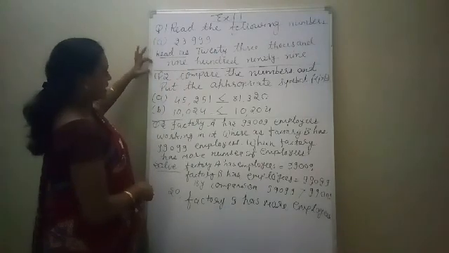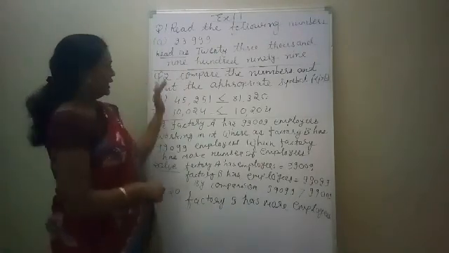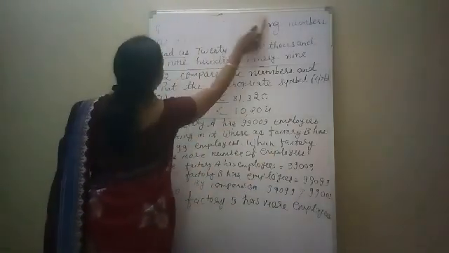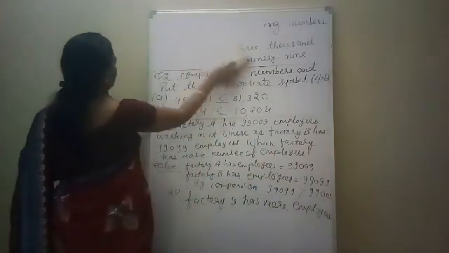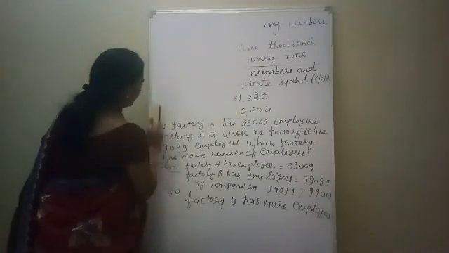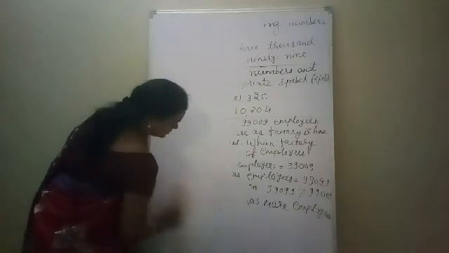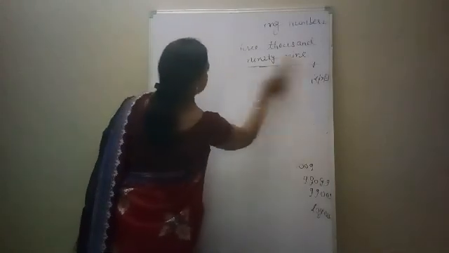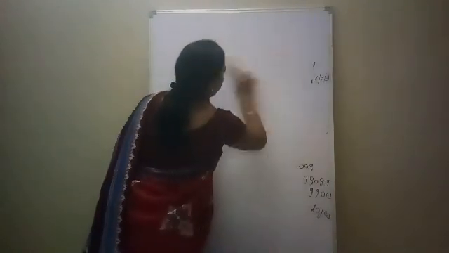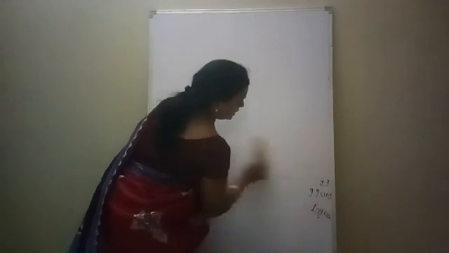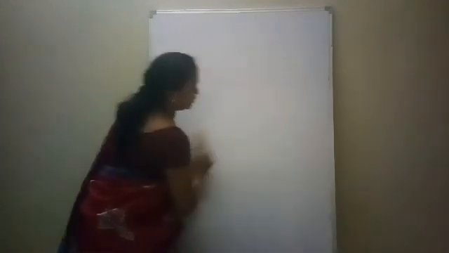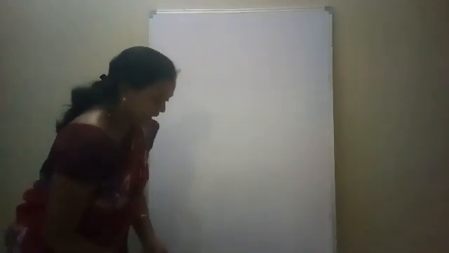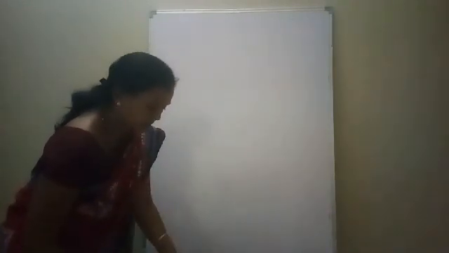Now your exercise number 1.1 is completed. Come to exercise number 1.2, where you have to write down the predecessor and the successor of each of the numbers.